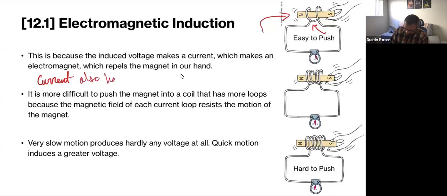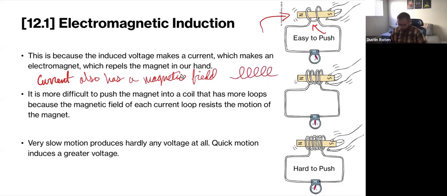Okay, so the current also has a magnetic field. You'll remember last time when we had a coil of wire and we were talking about the magnetic field, how it sort of went like this. You've got two magnetic fields in there that are interacting with each other.